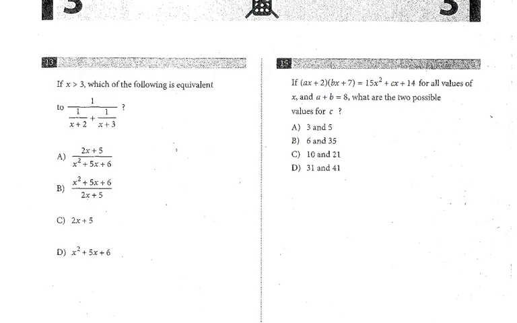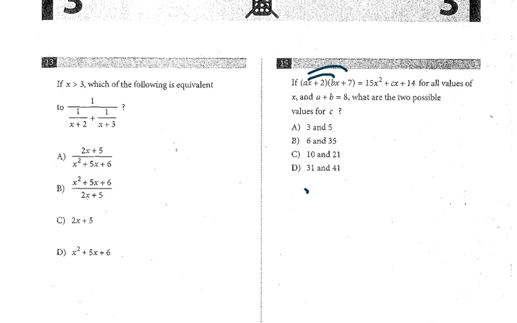For number 15, if you have a problem like this, you need to do the FOIL to get rid of those parentheses. Then you need to compare the coefficient of x squared, or x, or the constant. So first of all, we need to do the FOIL.